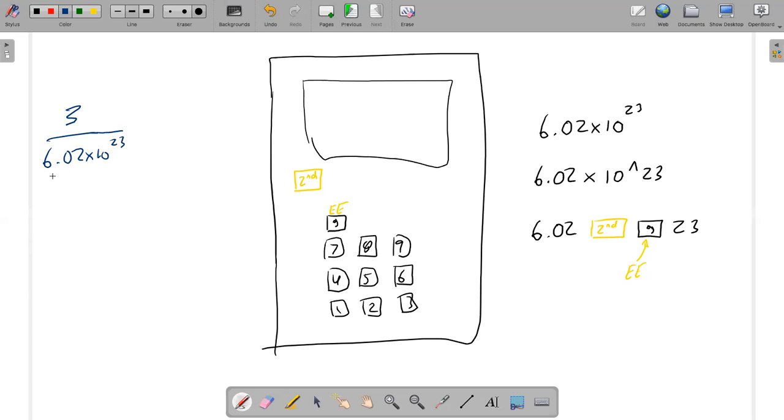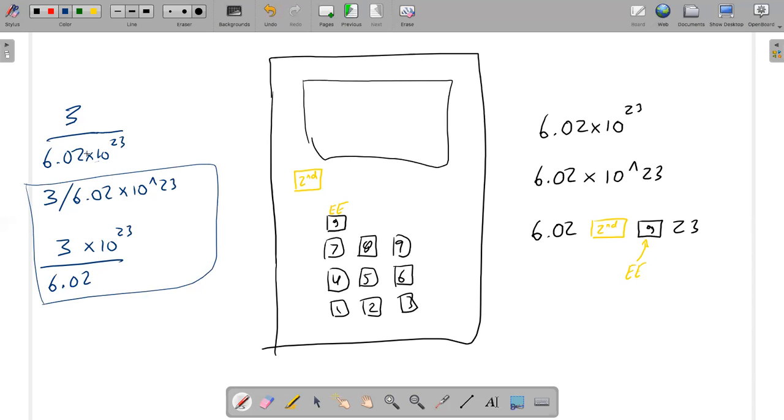If on your calculator you type 3 and then divide by 6.02 times 10 caret 23, this is not what your calculator will do. What your calculator is actually doing is 3 divided by 6.02, times 10 to the 23rd. That puts the 10 to the 23rd in a totally different place. So this is the incorrect way to do it.